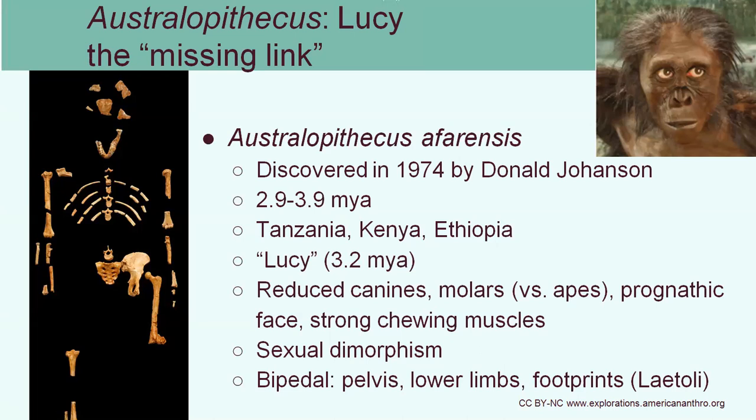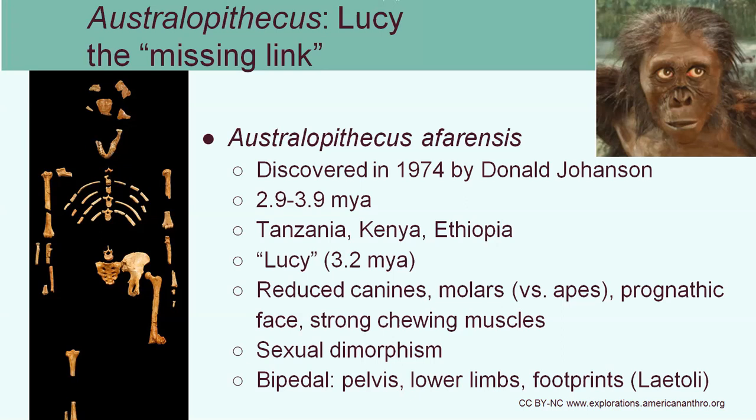This individual still had quite a large jaw that sticks out like modern chimps have, and a relatively small brain. Their brain was a little bit bigger than modern chimps, but not anywhere near the size of a modern human. So this was the conclusive evidence that bipedalism came first, and that we were able to walk upright before we got the larger brains that modern humans are associated with.